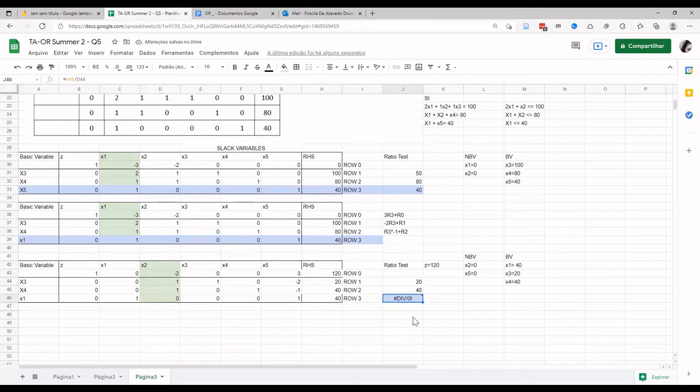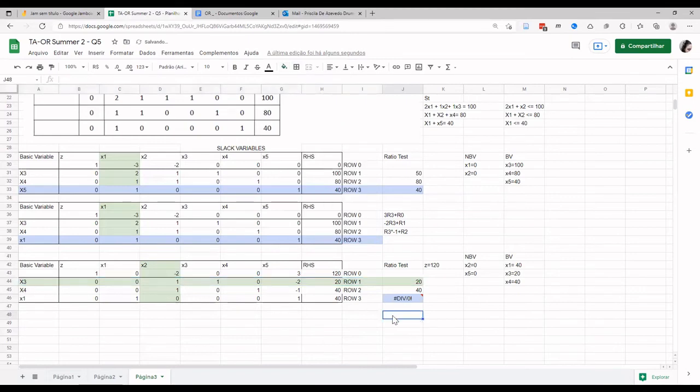This is undefined. If it's undefined or negative, we ignore it. We always consider only the positive numbers in the ratio test, and it has to be the smallest positive number, which represents the most limiting constraint. In this case, it's the first row, and so we are going to add x2 and remove x3 to give space to x2.